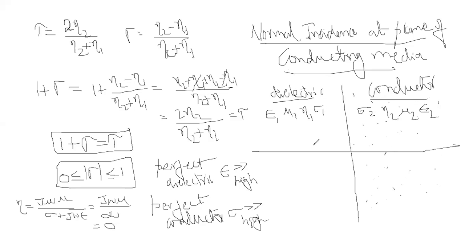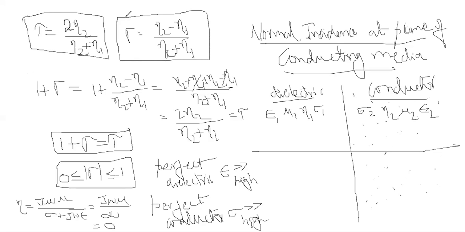Now you can see we already have the formulas. The transmission coefficient is 2 eta 2 by eta 1 plus eta 2, and the reflection coefficient is eta 2 minus eta 1 by eta 2 plus eta 1.